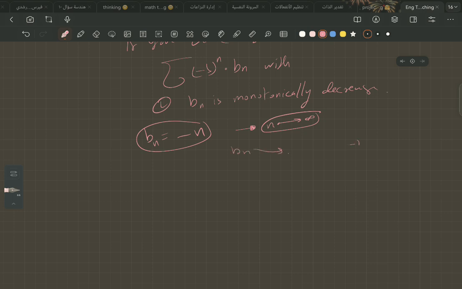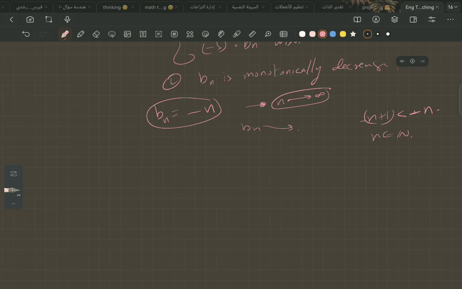Why? Since minus (n+1) is less than minus n for every n in the natural numbers. But this diverges.